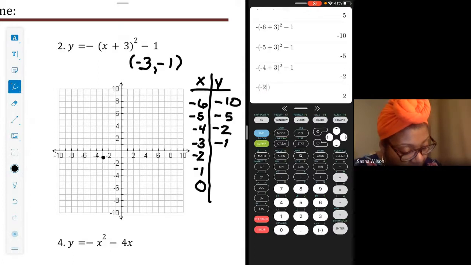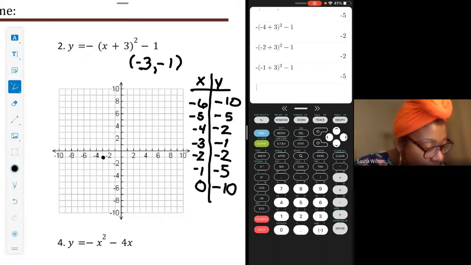So as we continue to plug in, eventually, when something is squared, we should see our values repeating. But just to be cautious, we can always continue to plug in just to make sure that we're plugging in our information correctly and have made no errors if possible. So we see it's repeating. So that means 0 would be negative 10. And we can go ahead and plot our points.